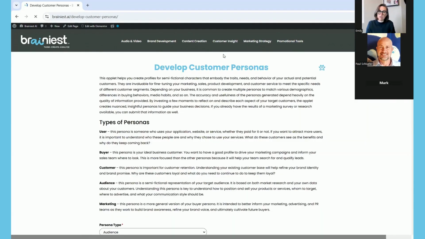So we're going to go into develop customer personas, and as in all of our applets, the format we have right now explains in about a paragraph why you might use this applet, what it's for in terms of how you market your company.